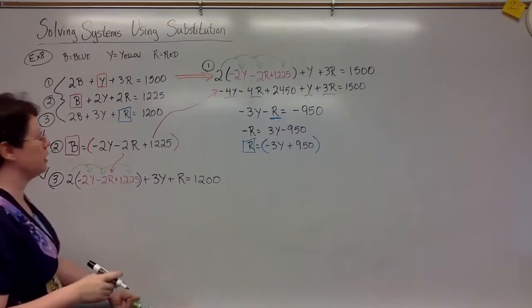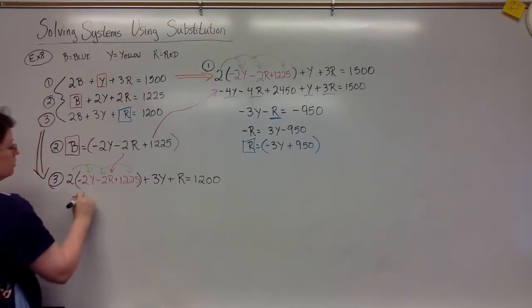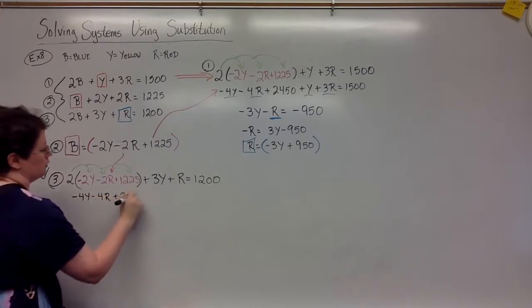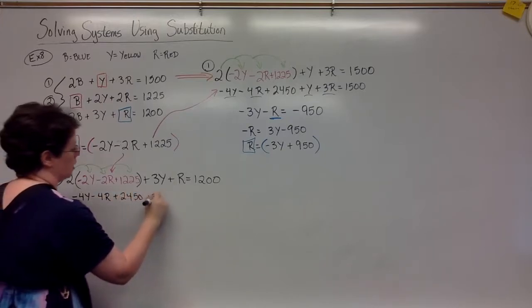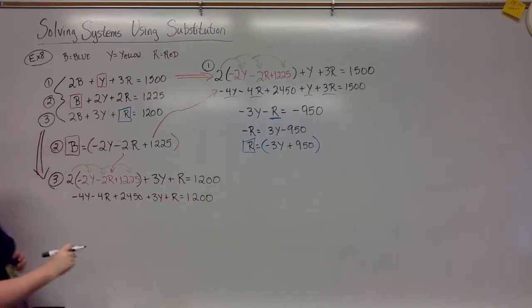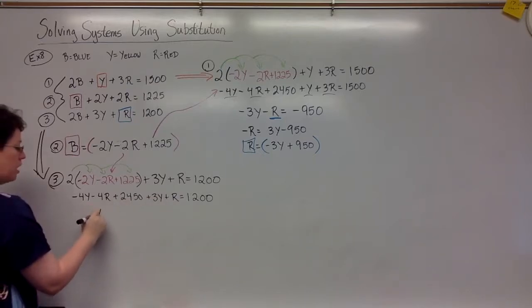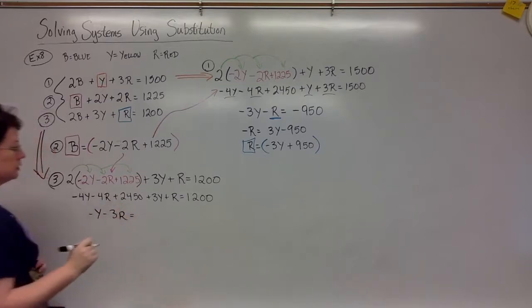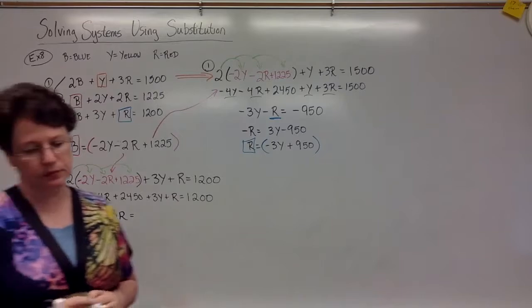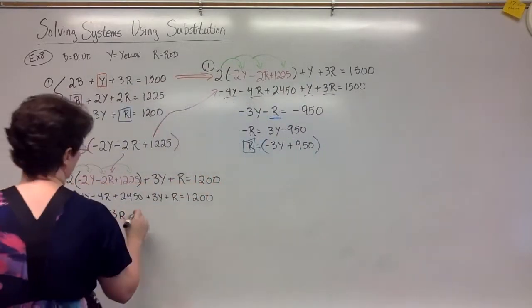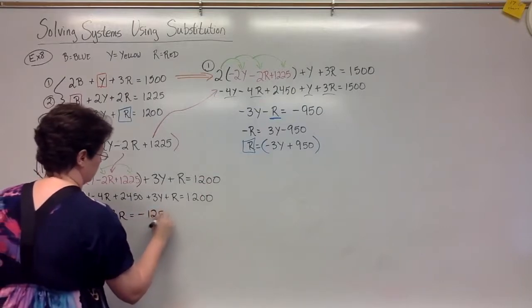Okay, so we still got to multiply everything by 2. So we get negative 4y minus 4r plus the 2450 plus 3y plus r equals 1200. Now when we combine like terms, I have negative y minus 3r equals what? Well, that was 1250, right? So it means negative 1250.